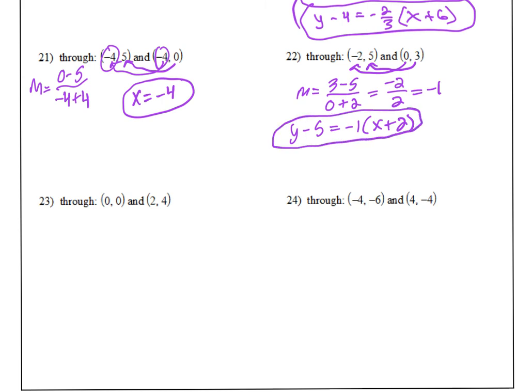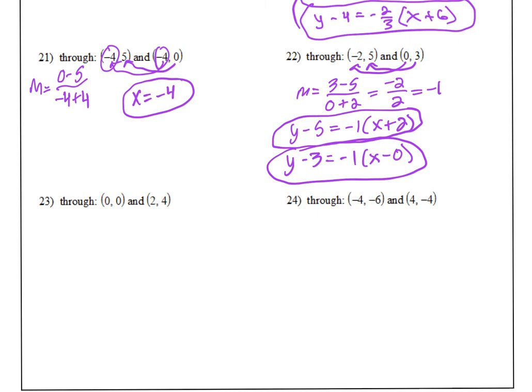If I do the second point, it would be y minus 3 equals -1 times x minus 0. There are some simplification things I can do because of that minus 0 or because it's a negative 1. But if we're putting it in point slope, I would rather just make it look like point slope personally.